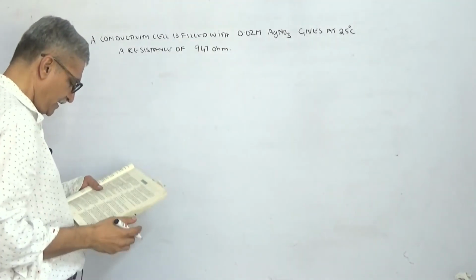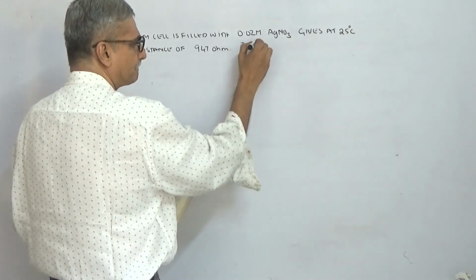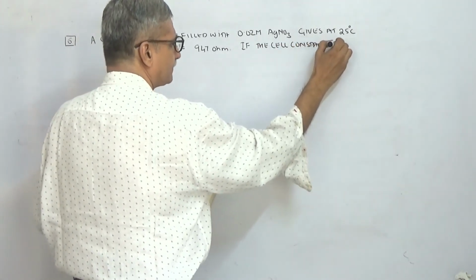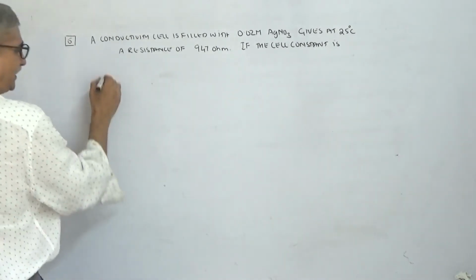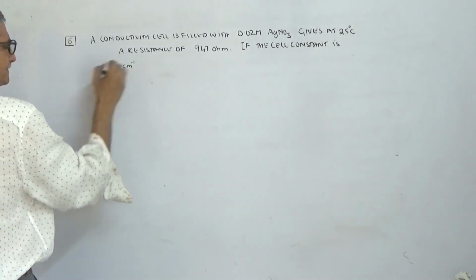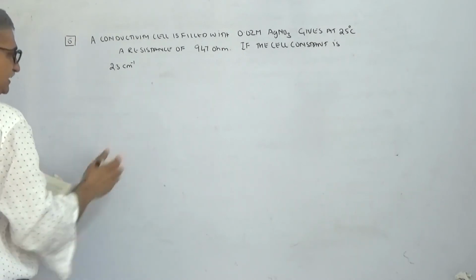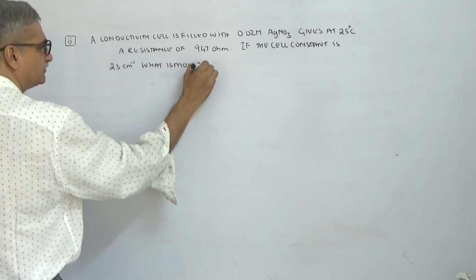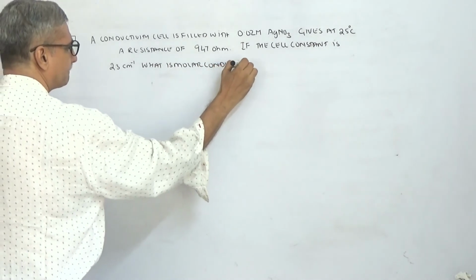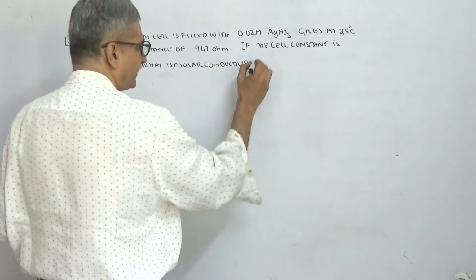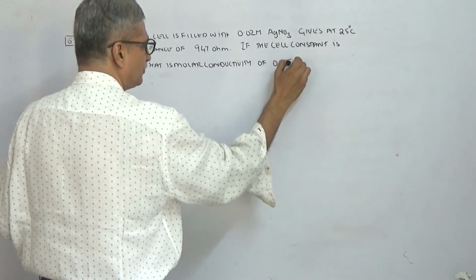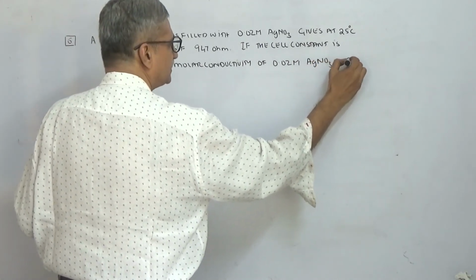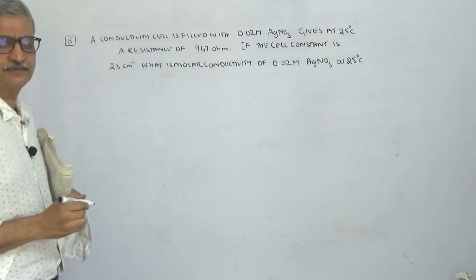If the cell constant is 2.3 per centimeter, what is the molar conductivity of 0.02 molar AgNO3 at 25 degrees centigrade?